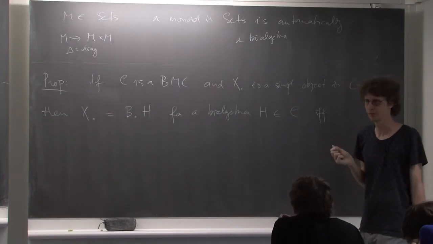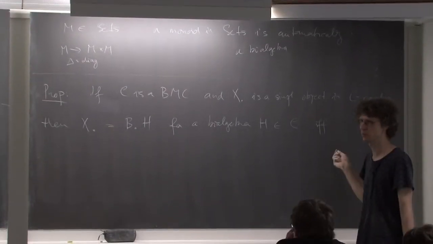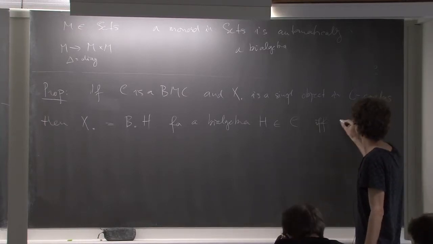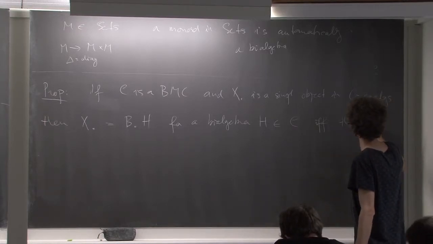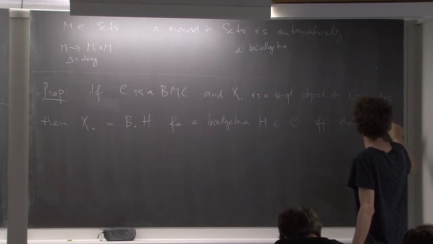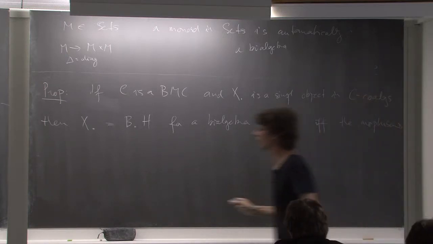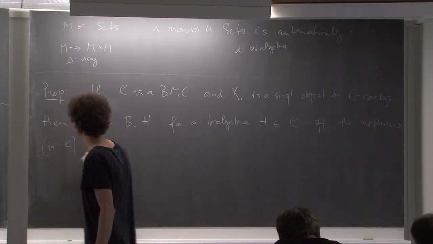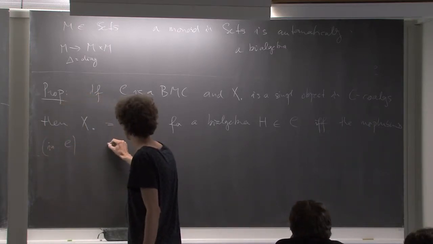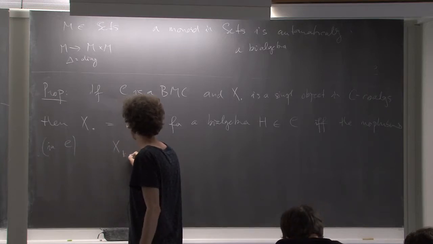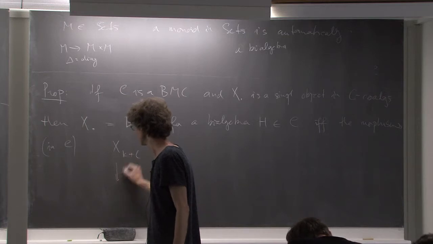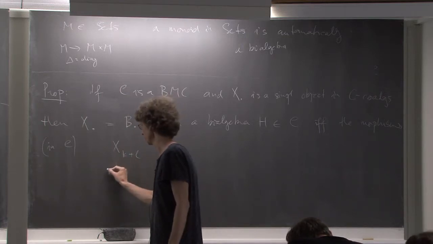Now we have some maps as before, so it's going to be the same type of recognition principle as before. So if and only if the morphisms, these are morphisms in C, which goes which way? So we can take X_{k+l}, and it's a coalgebra, so we can apply the coproduct.